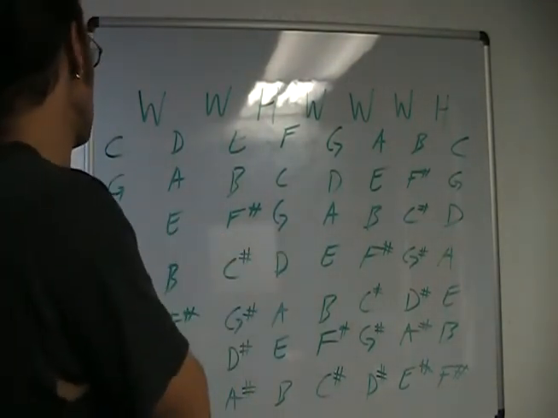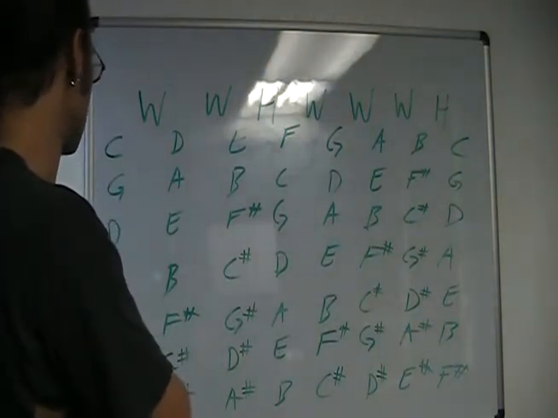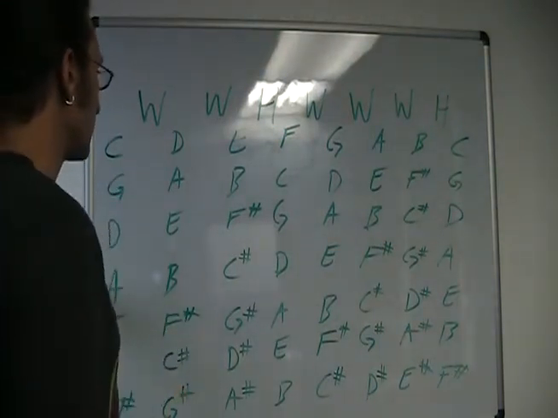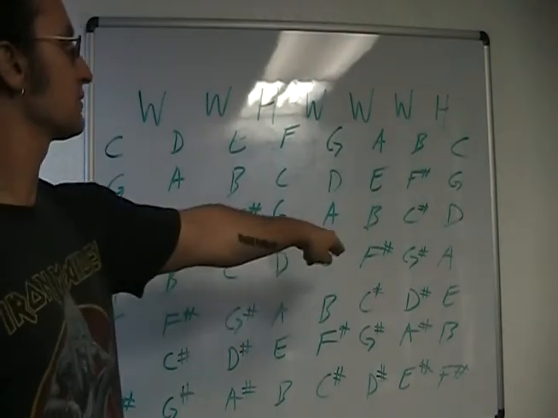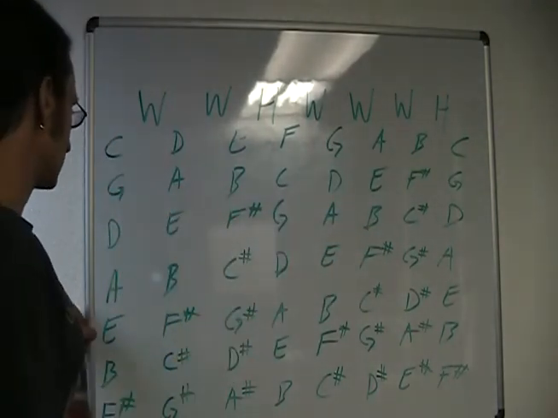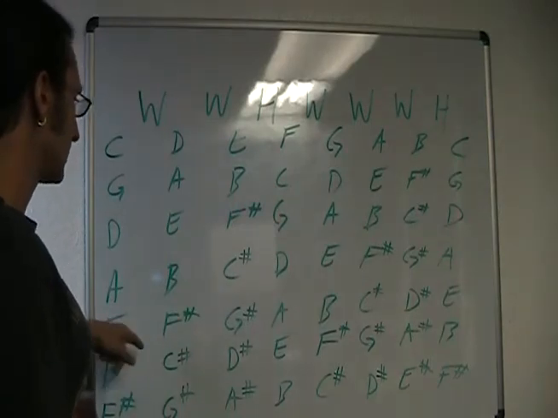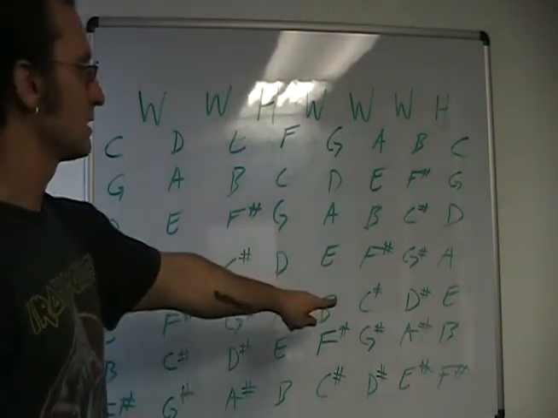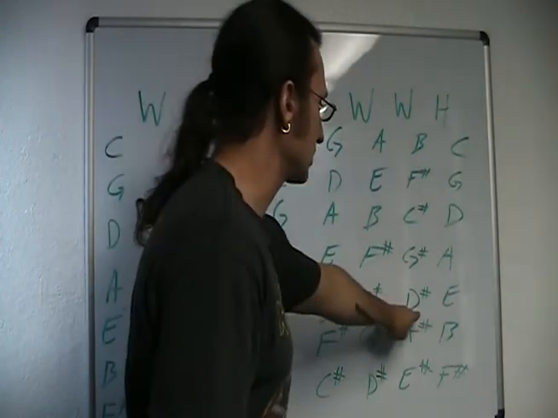So the key of, what did I leave off on? The key of D, so key of A, we had the C sharp, F sharp, G sharp. The next key, E, will have F sharp, G sharp, C sharp, and D sharp.